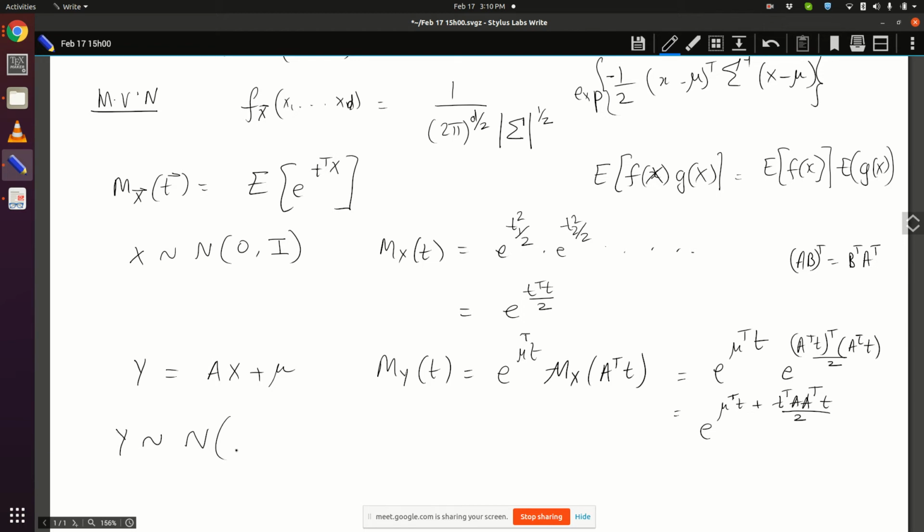The mean is mu, and mu is a vector, and the variance is A times A transpose. All right, so all these things we have.